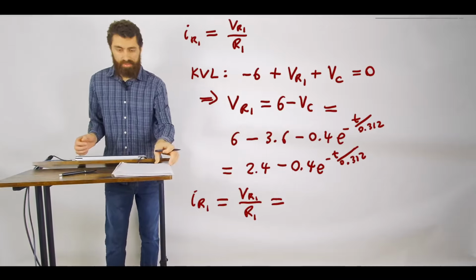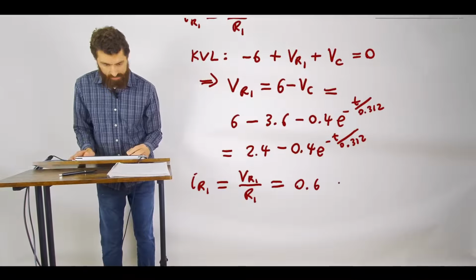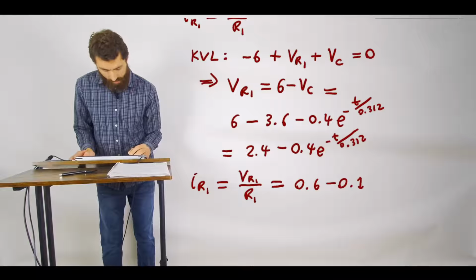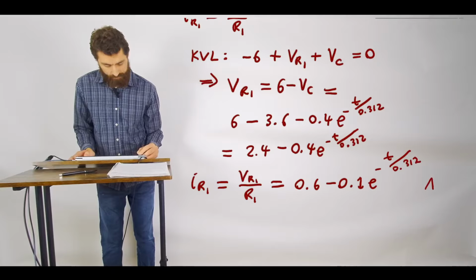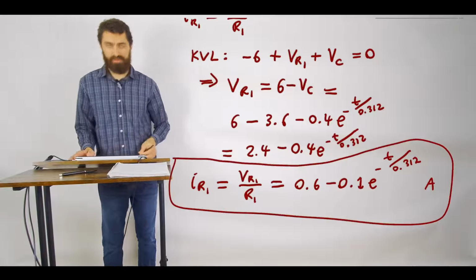So you divide that by 4 and you should get 0.6 minus 0.1 e to the minus t over tau. That's our answer there.